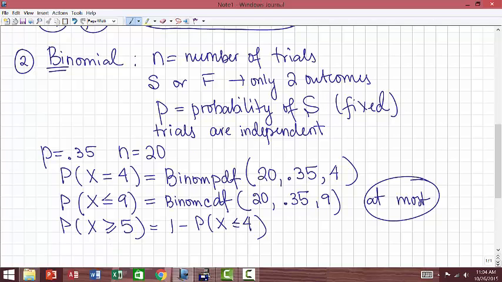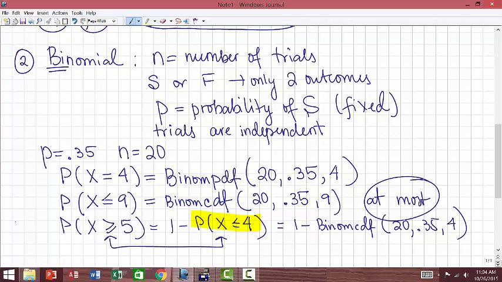The complement of getting 5 or more is 4 or less, and this one we can compute with the calculator. So this one is 1 minus binomial CDF 20, 0.35, 4.